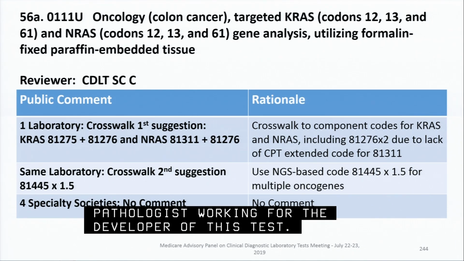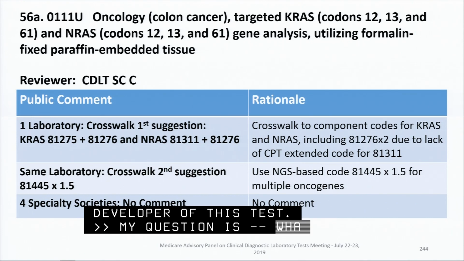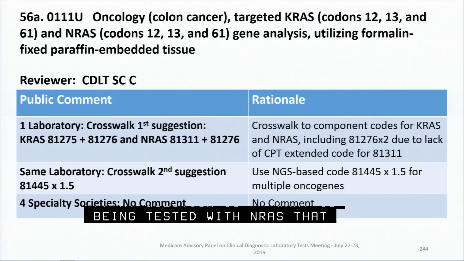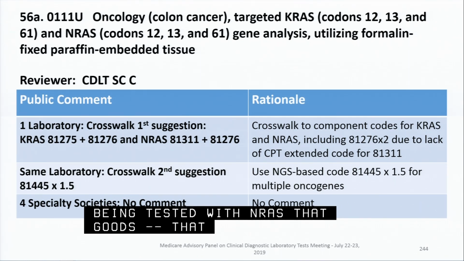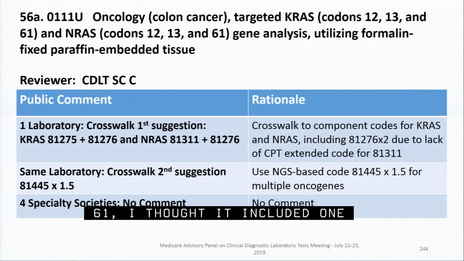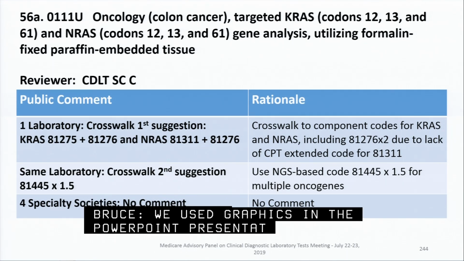Okay, so my question is, what is being tested with NRAS? The 81311 includes codons 12, 13, and 61, but from a presentation, I thought that it actually included one more, like position codon 121. We did. We used graphics in our PowerPoint presentation, and we also submitted a one-page extra submission after the meeting that has the graphics.